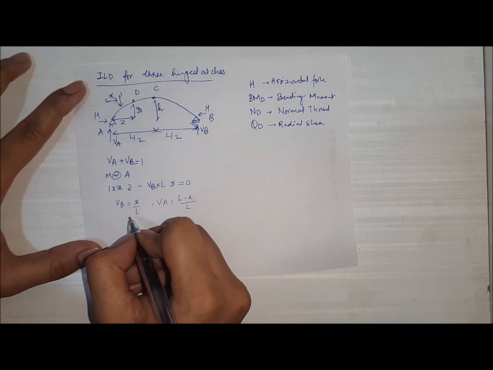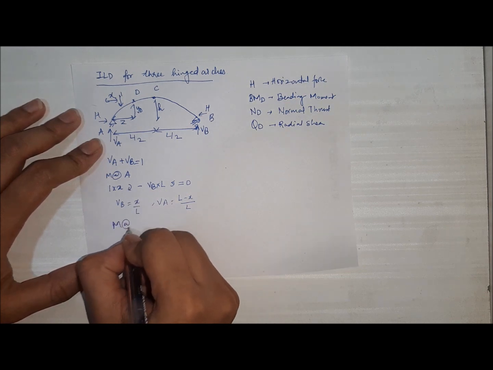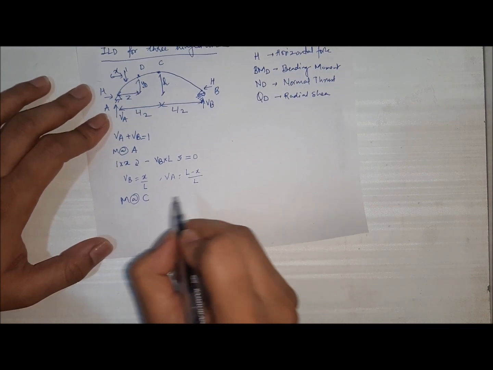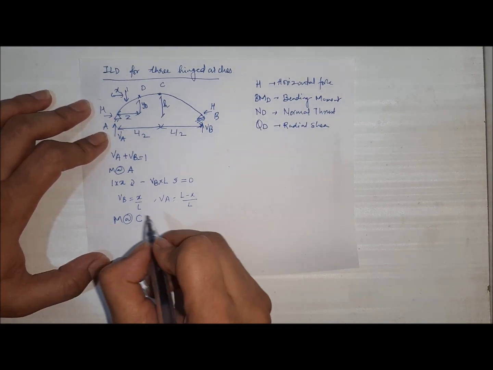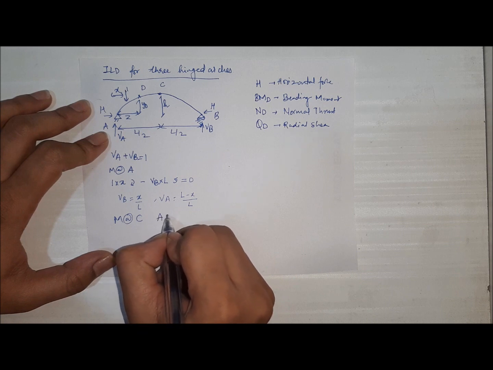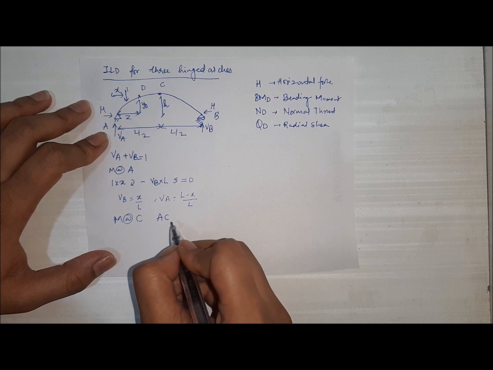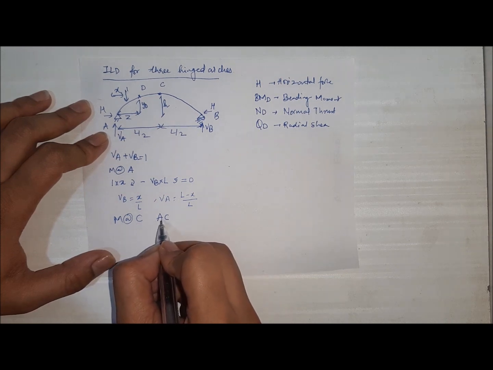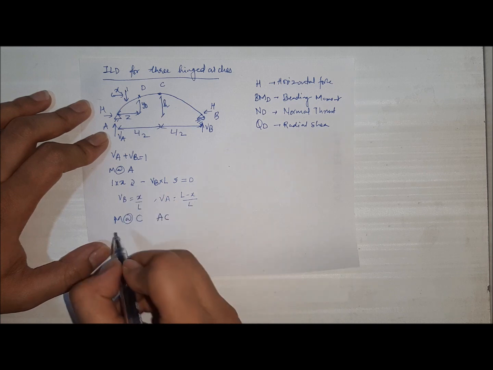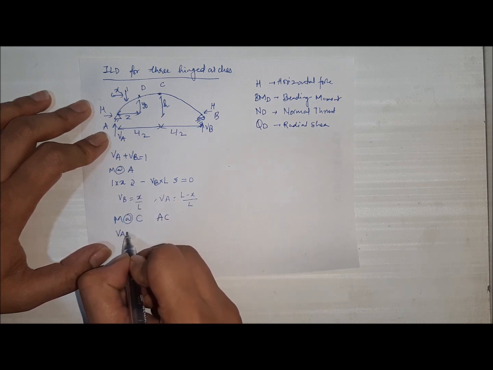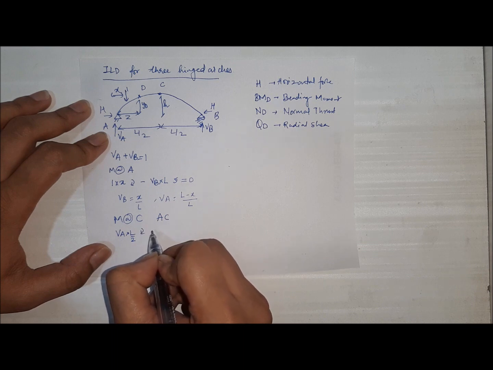Now for finding the force H, we will take moment about the internal hinge C. When we are taking moment about internal hinge C, we consider either the AC part or the CB part, not both parts together. So now we take moment about C. As we are considering clockwise moments as positive, we have VA into L by 2, that is clockwise, therefore positive.